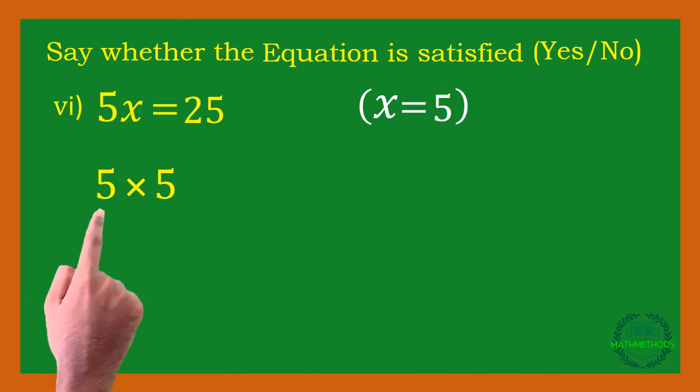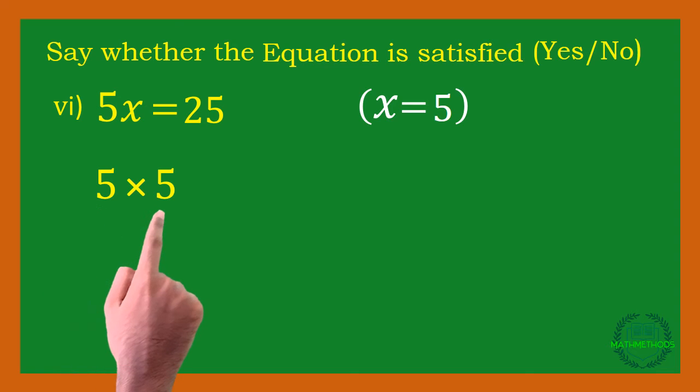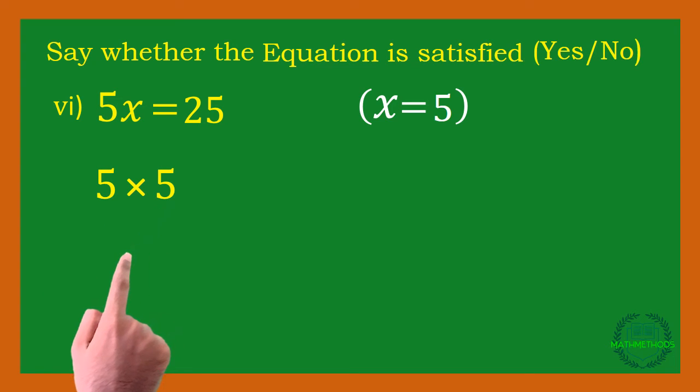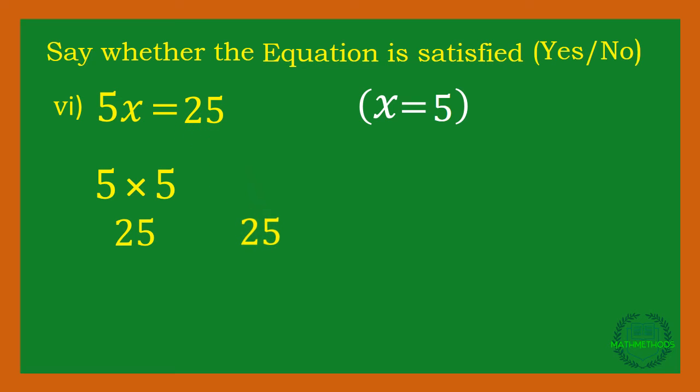Now in the left hand side, we have 5 multiplied by 5, which gives us 25. And to the right hand side also we have 25. So the left hand side here equals the right hand side. Thus we can say that the equation is satisfied for the value of x, that is 5. So the answer here is yes.